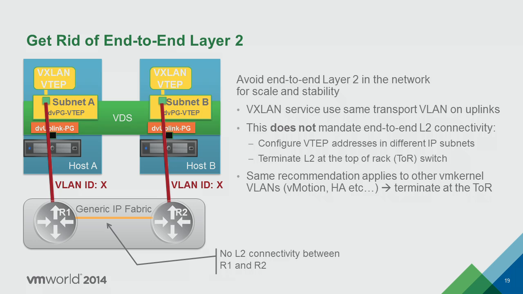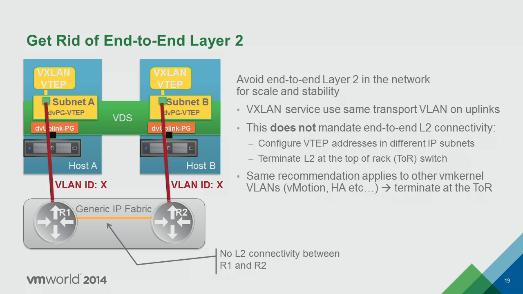So the way it works is that your VTEP has an IP address. I told you, the IP address of those VTEPs can be in different subnets, meaning that you can basically have a small layer 2 domain that is terminated at the top of rack and basically don't have to bridge anything on your network.